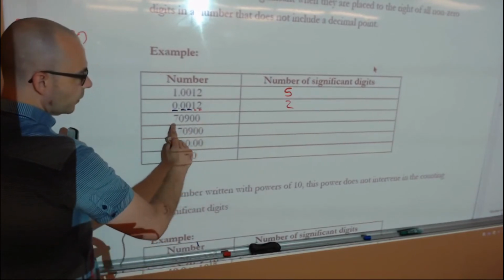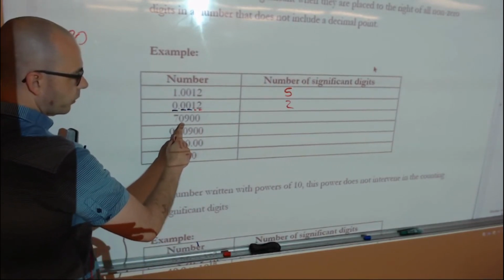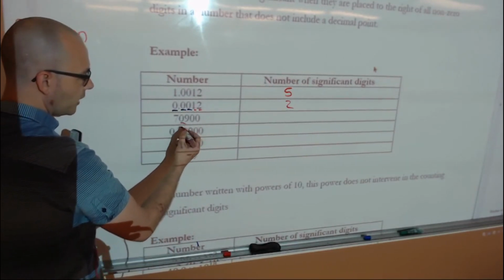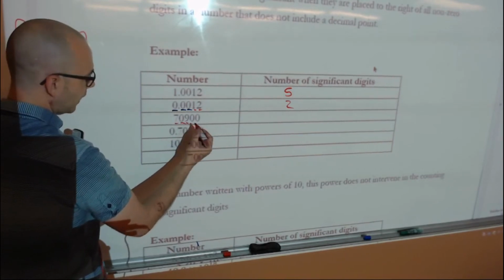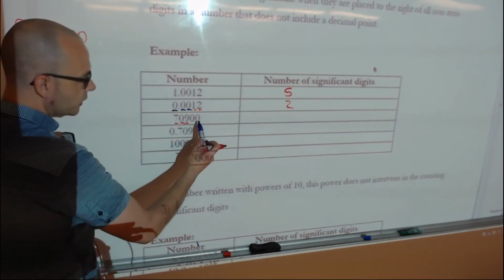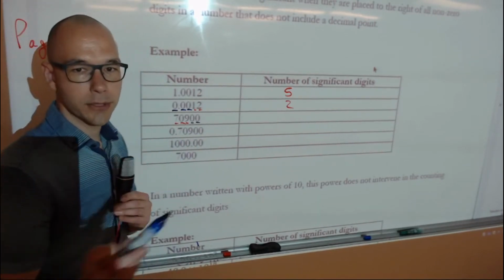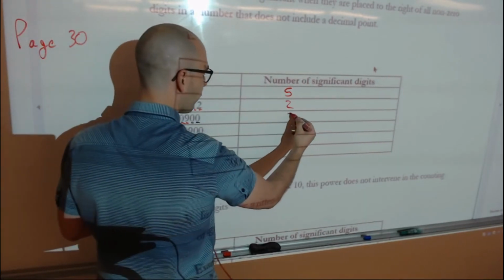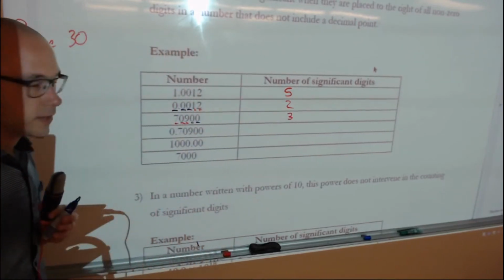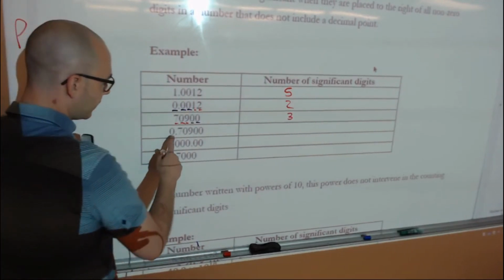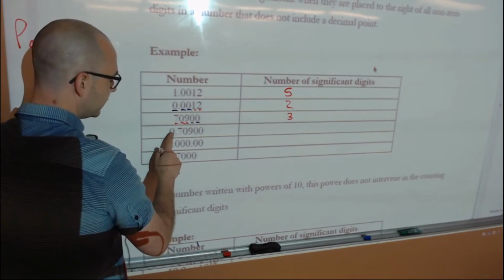In this number, we have a 0 in between. Zeros in between are significant. 7 is, 9 is. But those 2 zeros are to the right, and there is no decimal point. So that means that we only have 3 significant digits. This number here has a 0 to the left.